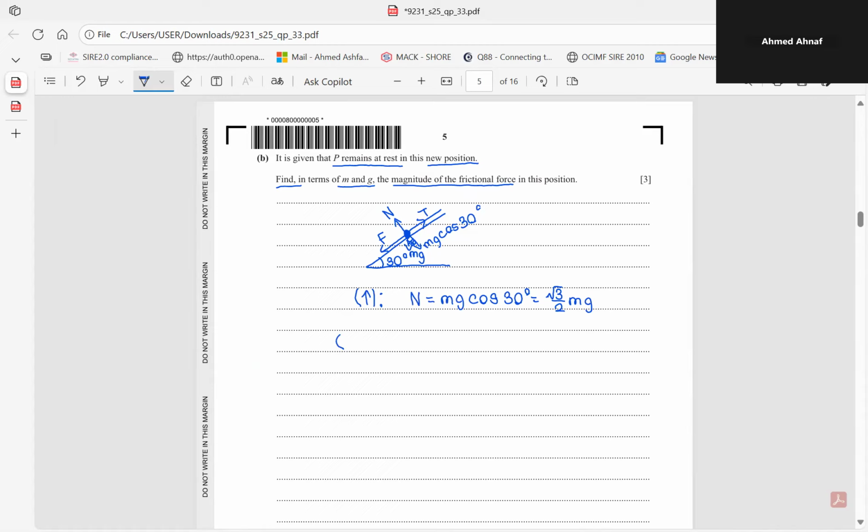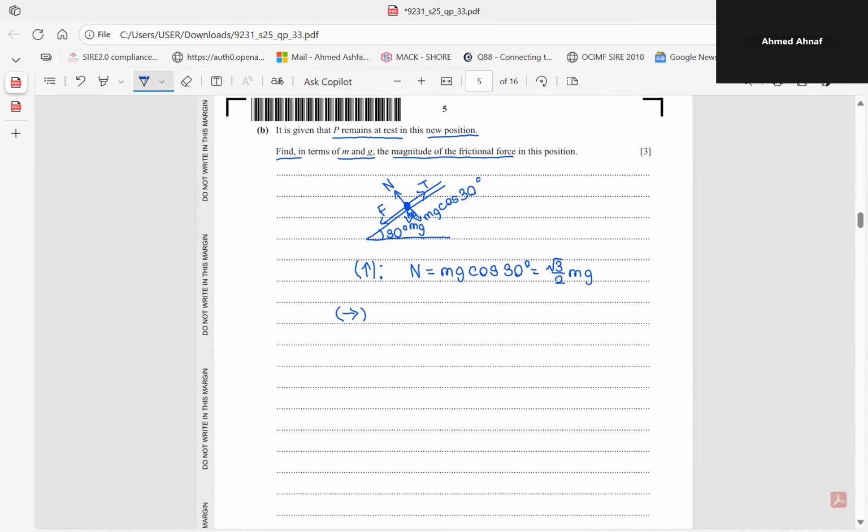As well as for the horizontal forces, apart from the friction and the tension, we also have the horizontal component of the weight right here. So this is going to be mg sine 30 degrees. So we're going to equate F plus mg sine 30 degrees, since they're in the same direction, equal to tension.